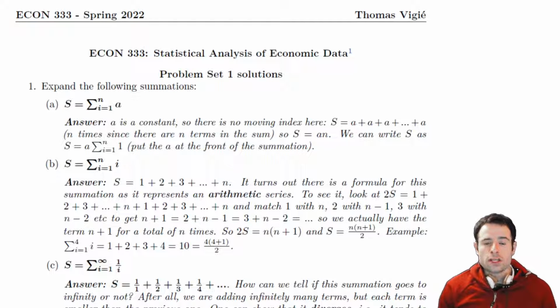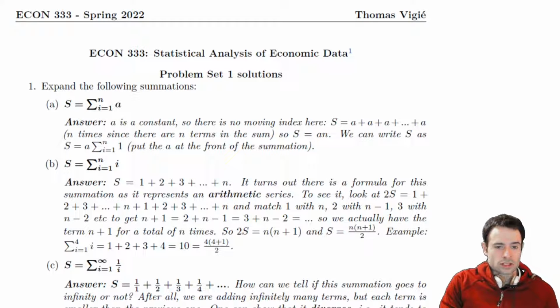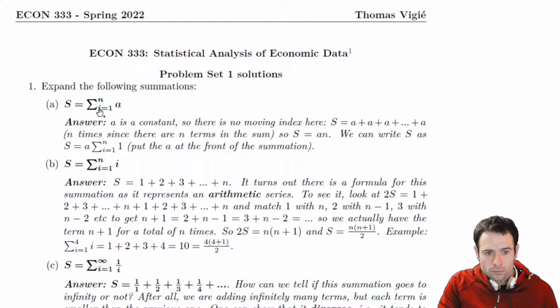So I call each of these summations S for sum, and I represent them with this uppercase letter sigma that you can find here. And note that these sigmas have some index at the bottom and at the top.